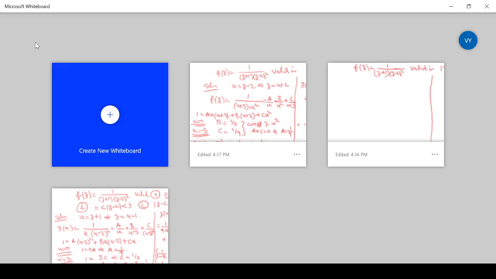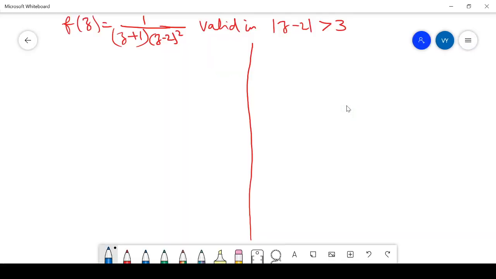So in this case, what we get is, I will be writing the same value for g of u, minus 1 by 9u plus 1 by 3u square plus 1 by 9 into u plus 3.